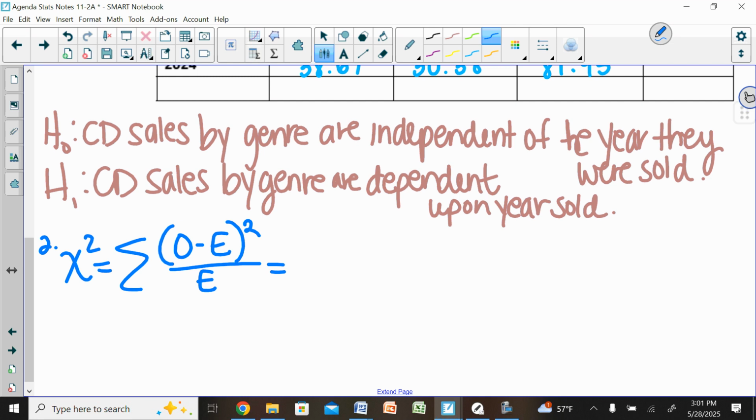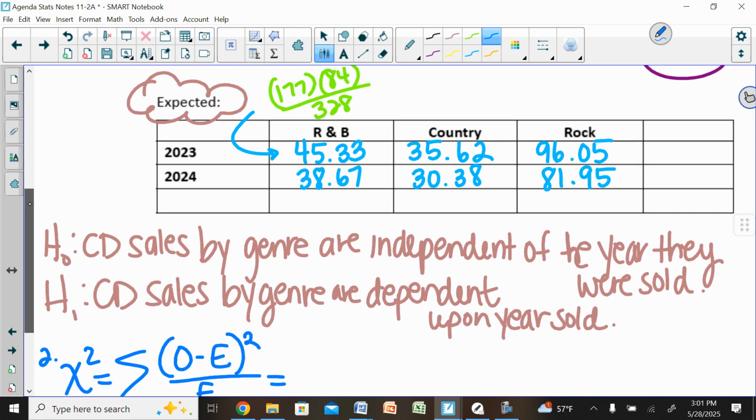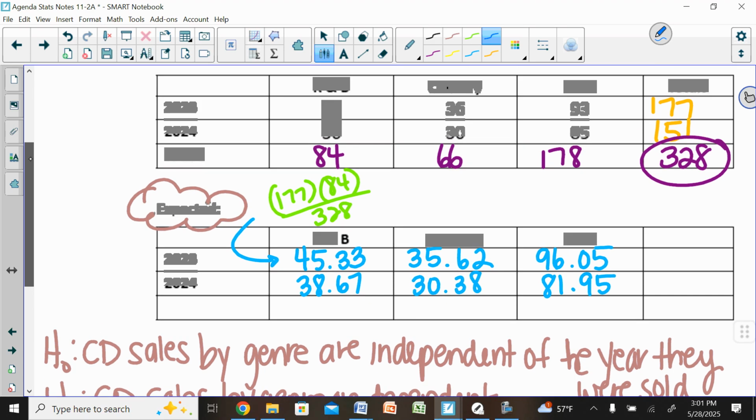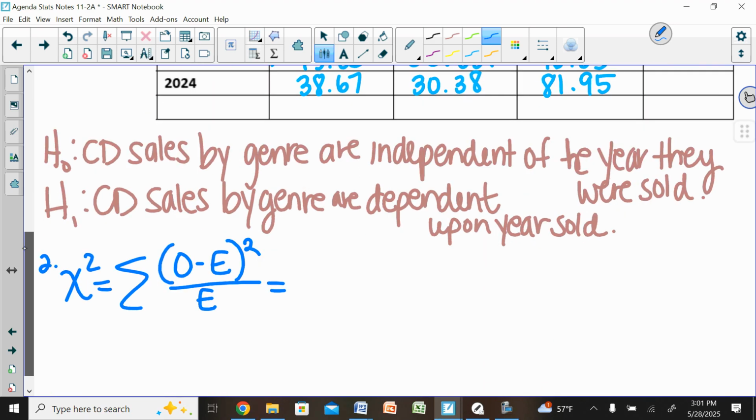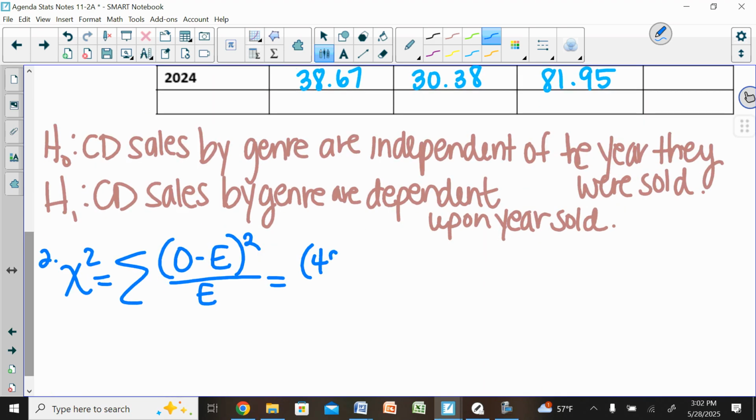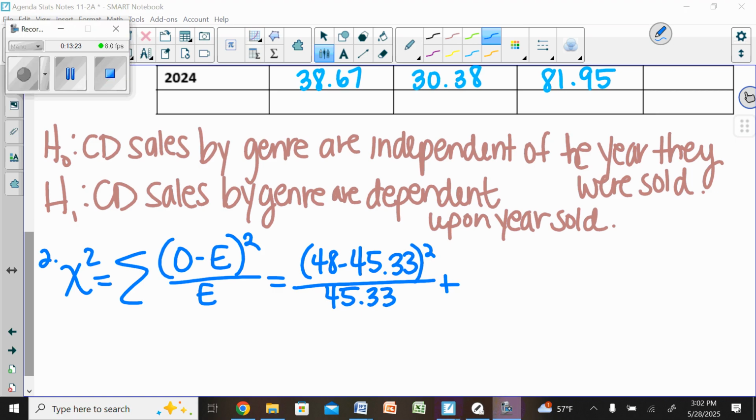You just have to pay super close attention to what you're doing. So I've got a 48 minus 45.33 squared over 45.33. Go ahead through those and calculate. I'm going to take a break so you don't have to watch me writing all day.